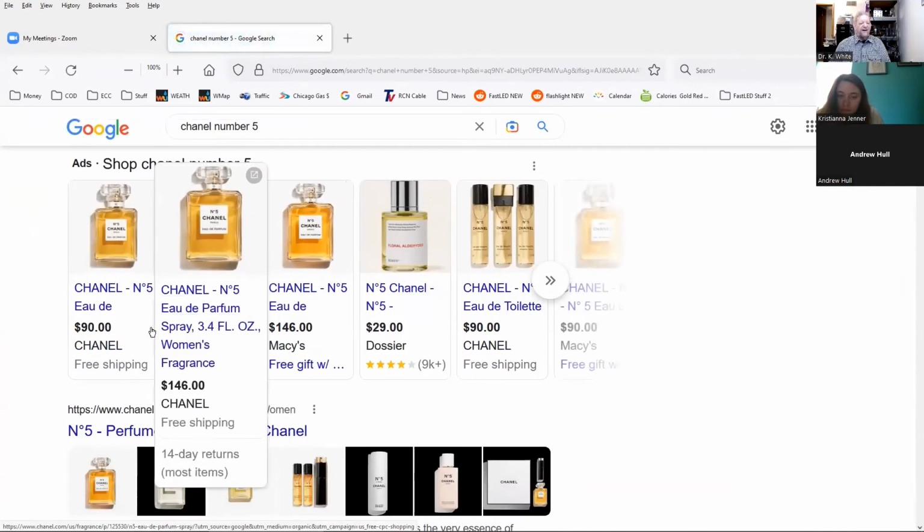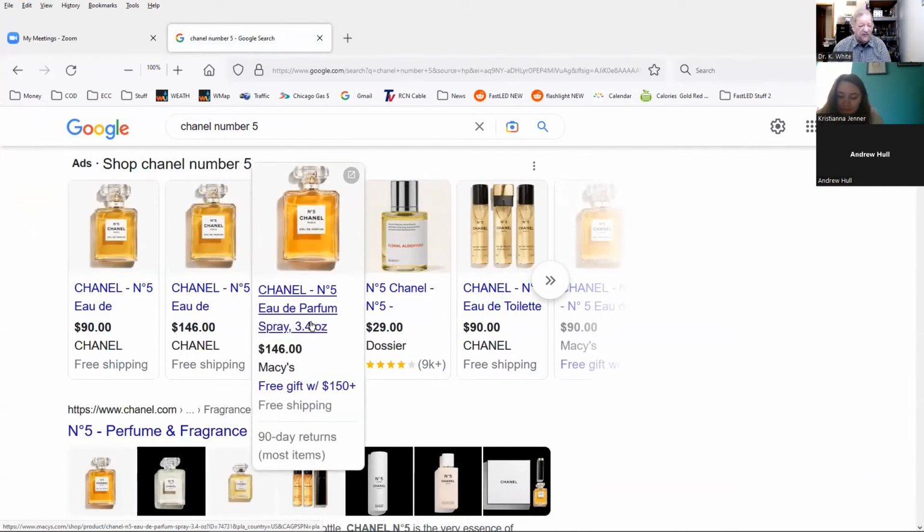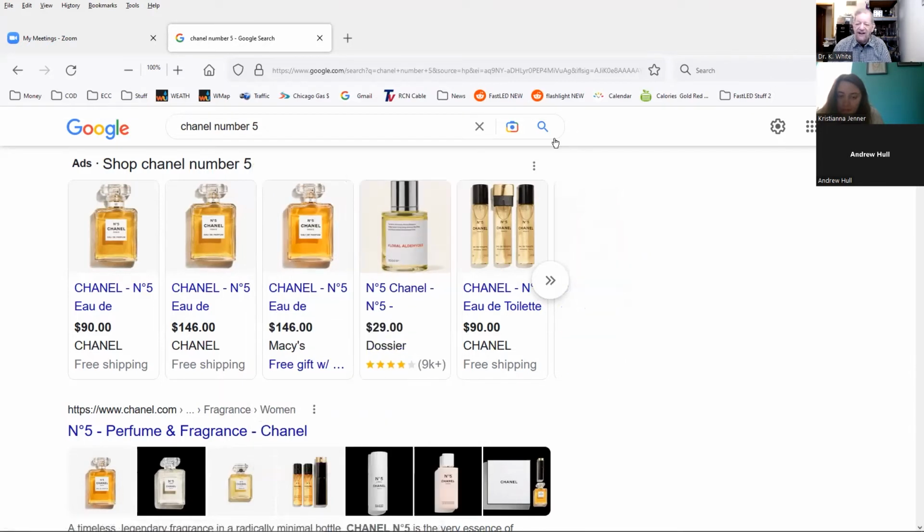Oh, look, a small bottle, 1.2 ounces, that's the spray, is only $90. Back then it was expensive too. 3.4 ounces, a bigger bottle, is almost $150. Like I said, she had very good taste in perfume. All right.